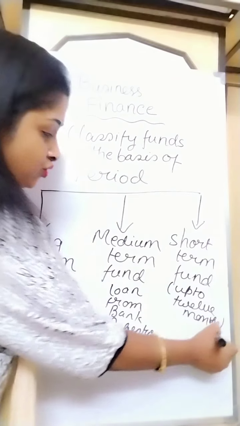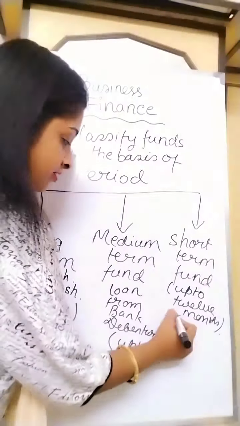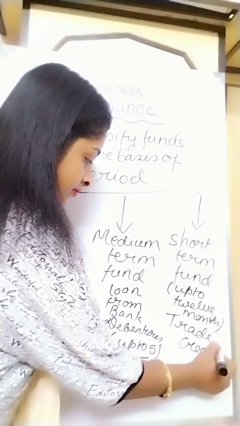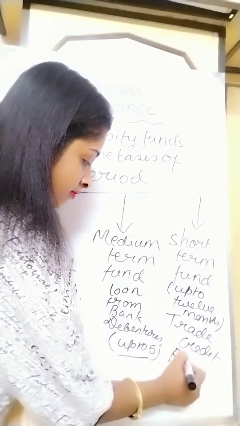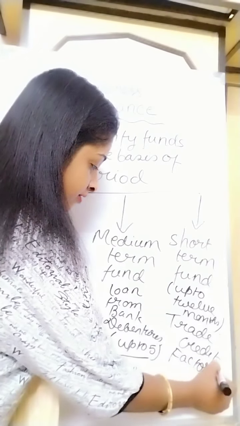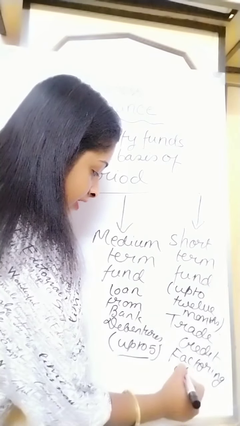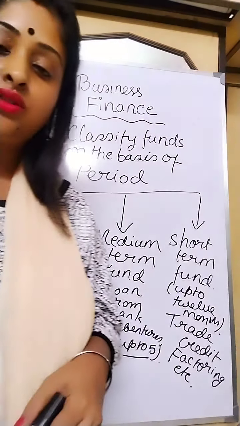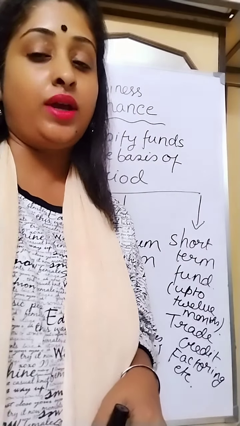And the sources are trade credit, factoring, etc. In my next class, I will talk about these three sources in detail. Wait till the next class.